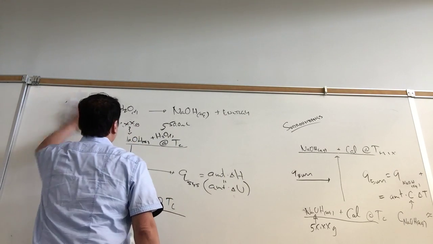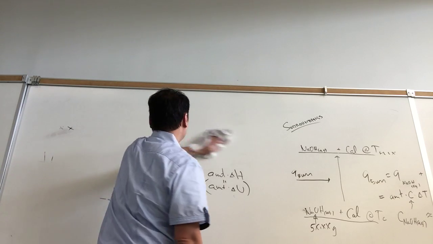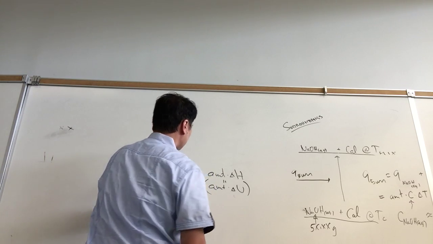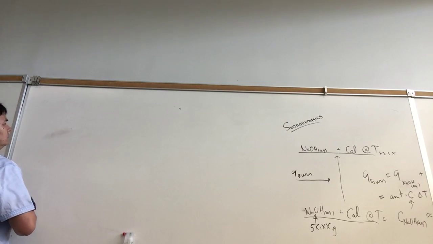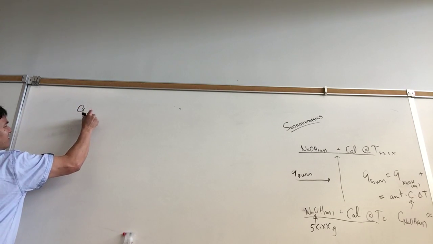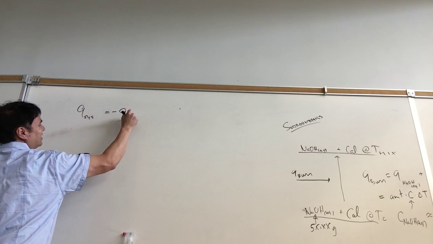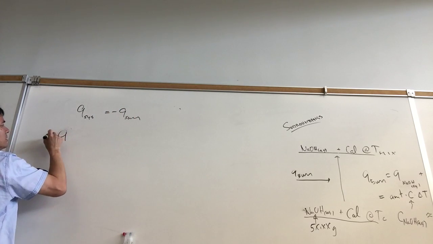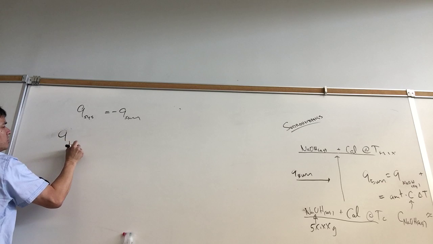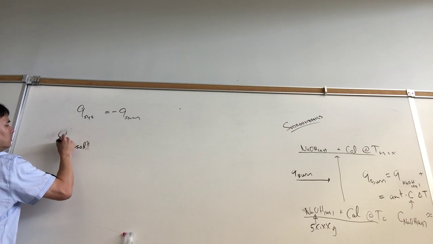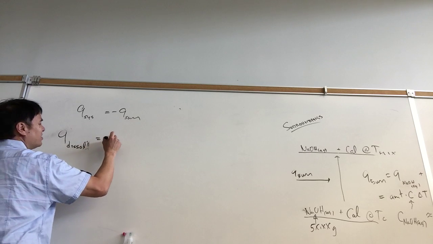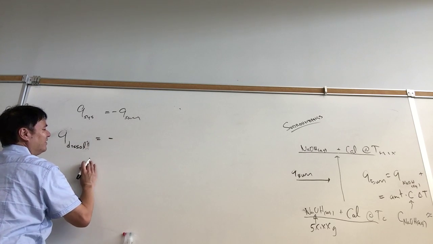And so what are we calculating? What are we solving for here? We're solving for Q of dissolution. And so Q of the system is equal to minus Q of the surroundings. Q of the system is equal to Q of sodium hydroxide dissolution, or dissolving. And what is that equal to?